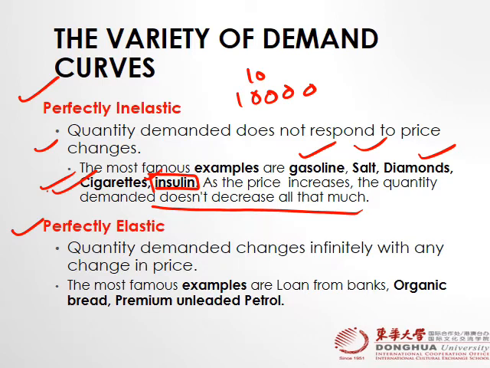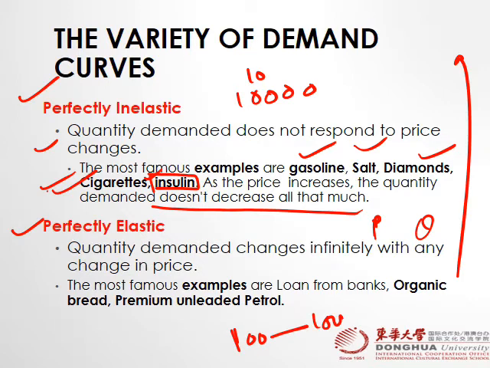And also perfectly elastic, in which if we change the price slightly, the quantity demanded changes greatly, right? For example, organic bread. If we increase the price of organic bread from 10 yuan to 100 yuan, people will say no, there is not so much value associated with organic bread, and we will continue buying the 10 yuan bread.